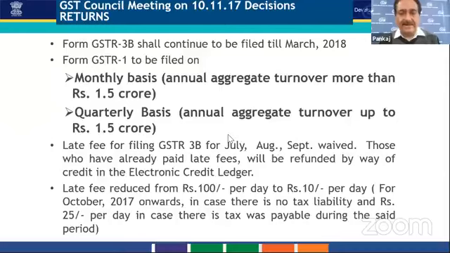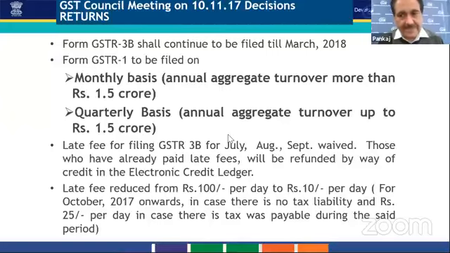So if a taxpayer has already paid the late fee at the time of filing GSTR 3B for July, August and September, this amount will be recredited into its ledger.